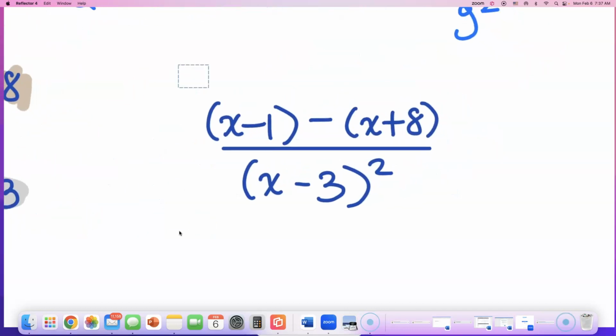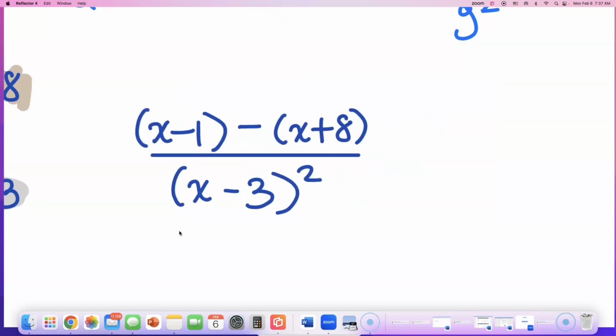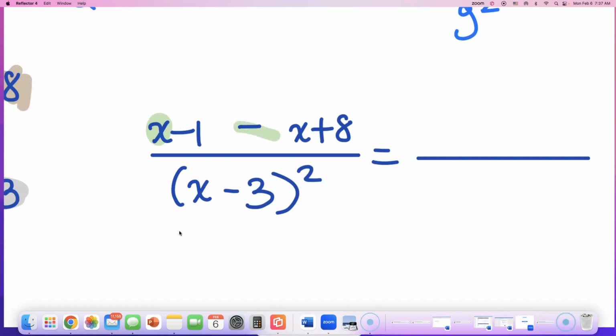I can see that the numerator can be simplified, I think. All right. Since the second part is minus, I'm going to just get rid of these parentheses so that I can combine some terms now, okay? All right. X plus, well, it's not plus, huh? X minus x. What happened to the x?